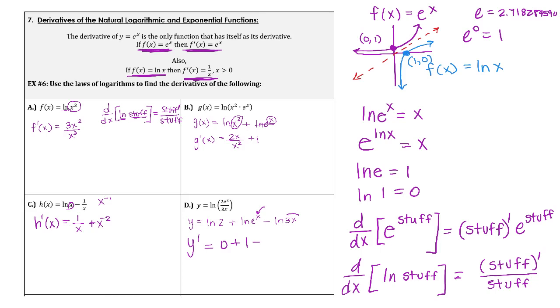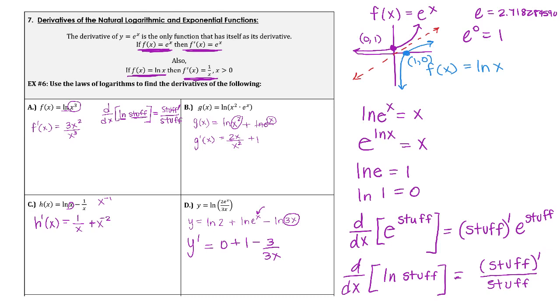Find the stuff. So stuff prime is what? What's the derivative of 3x? 3 back over the stuff, which is 3x. Is that okay? Now, let's go back.